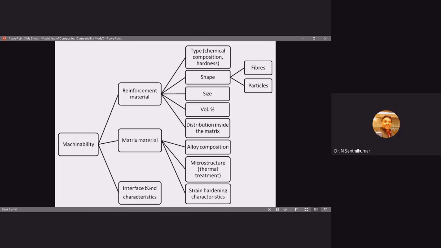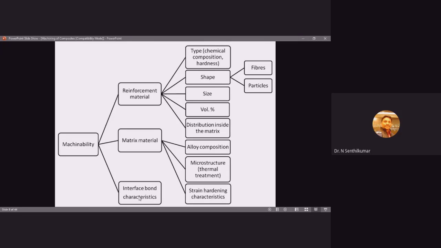If they are on the grain boundaries, then the properties will be enhanced because they block dislocation movements and restrict shearing actions also. So what is the interface bond that exists between these particulates and the matrix alloy? That is one of the important aspects in machining, right?